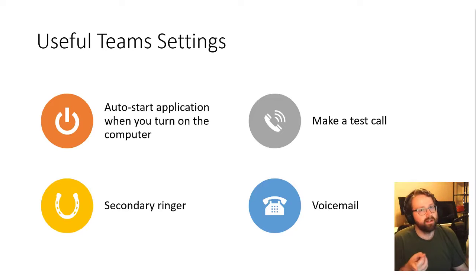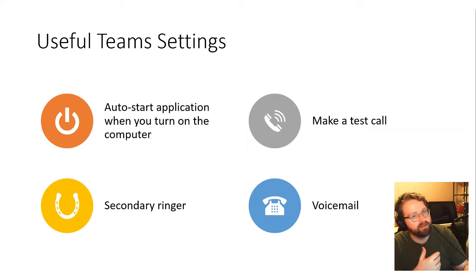So the next setting I want to show you is a secondary ringer. If you're using a headset as your main audio device, but you're working off of a laptop or something that has its own speaker, you may want to set up a secondary ringer because it helps a lot if you're working from home and you may not always be wearing your headphones.